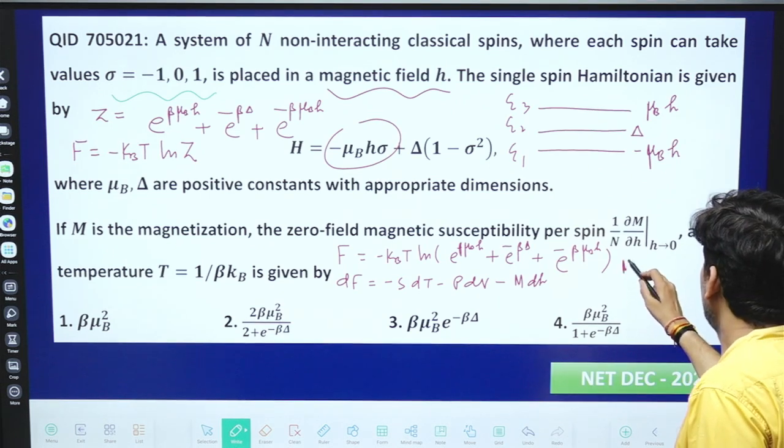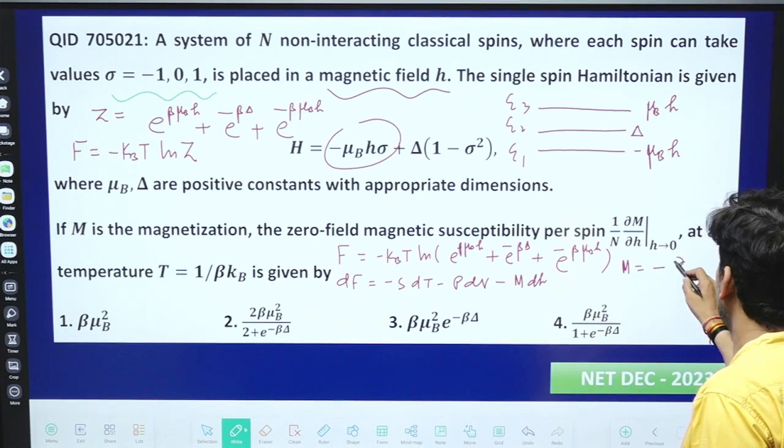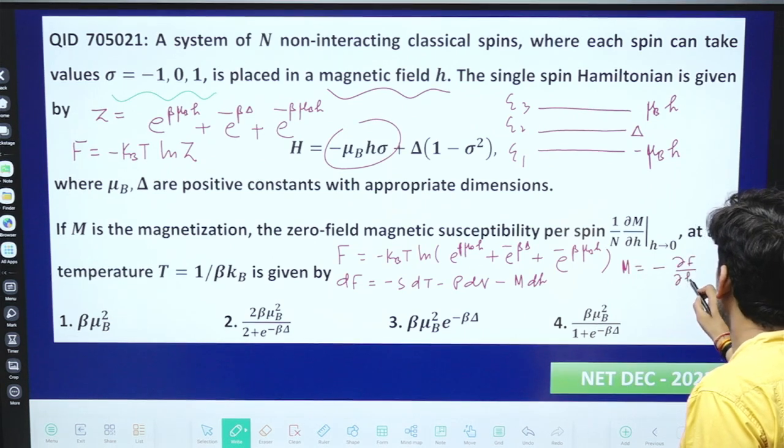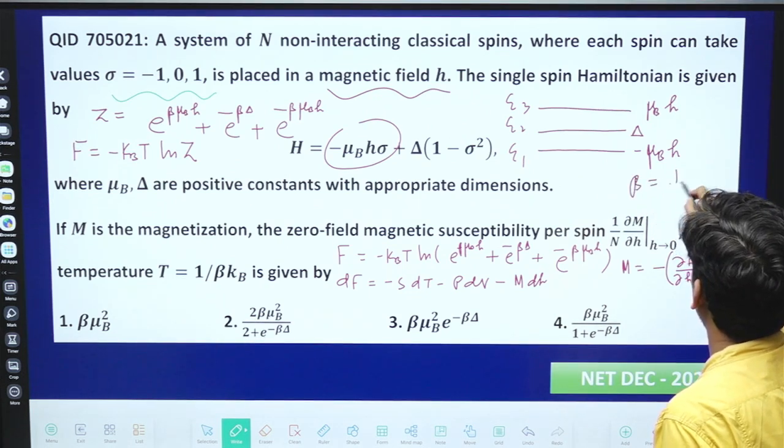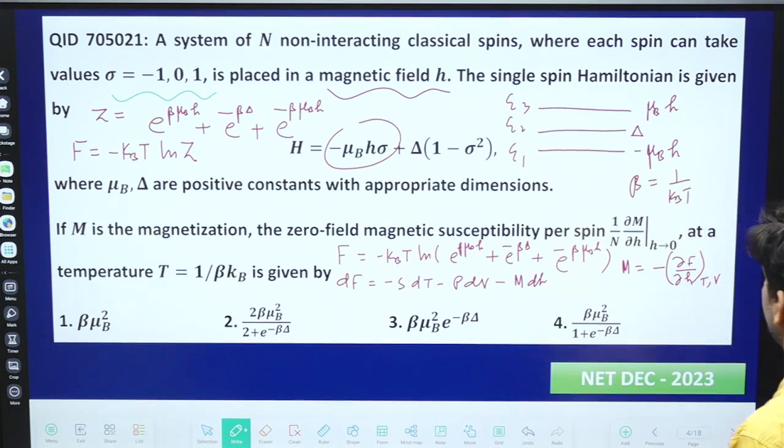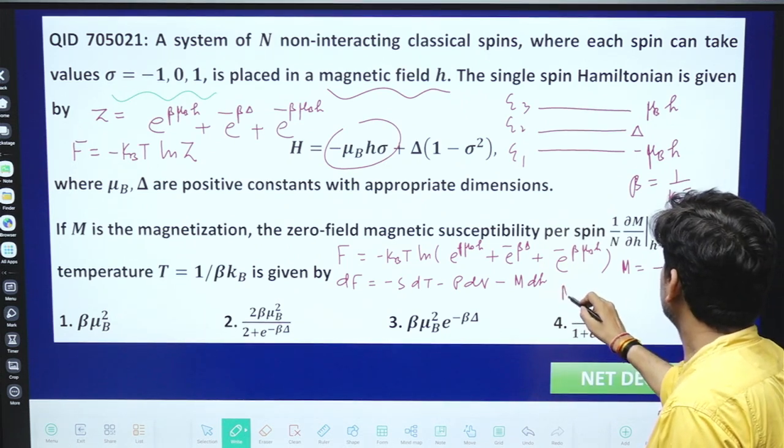M will be minus dF by dH at constant temperature and volume. In beta you have temperature, you should remember that beta is a function of temperature. So to calculate capital M, the magnetization, we take the derivative.